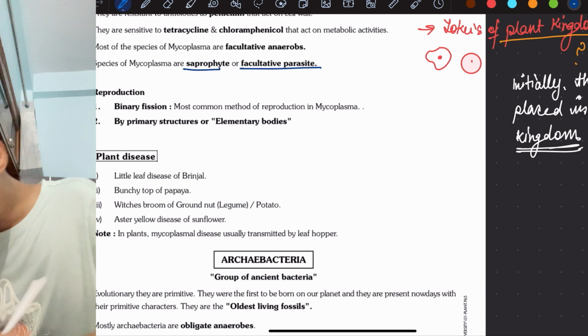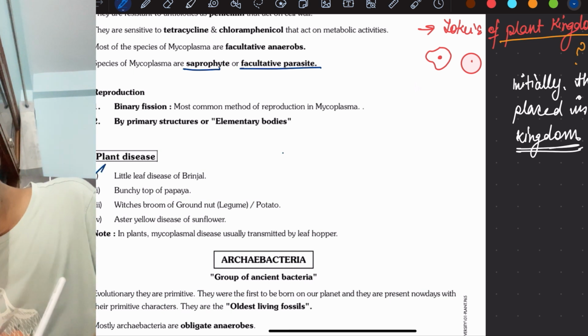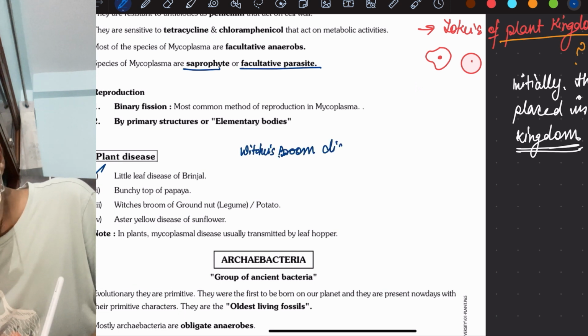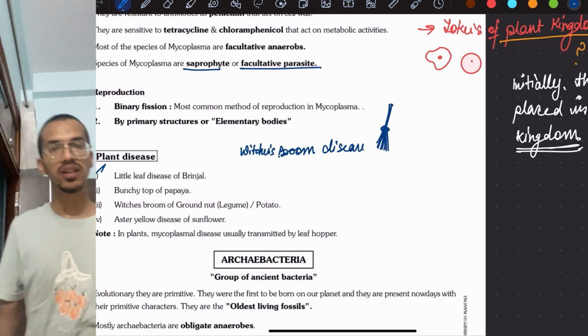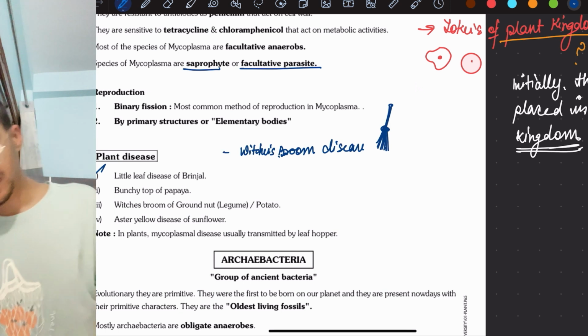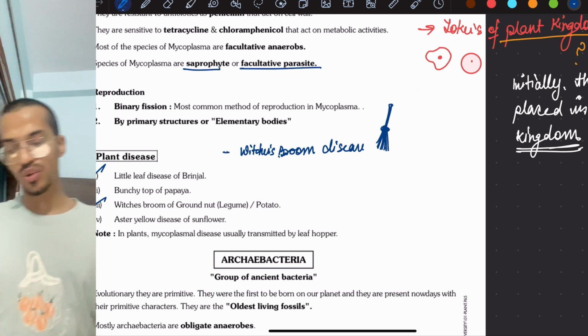So what do they do? Little leaf of brinjal. They also cause the witch's broom disease. So the leaf changes to something like a broomstick. You know, na? The leaf changed like this in the plant. This witch's broom, look over here, it is written in the potato and all.